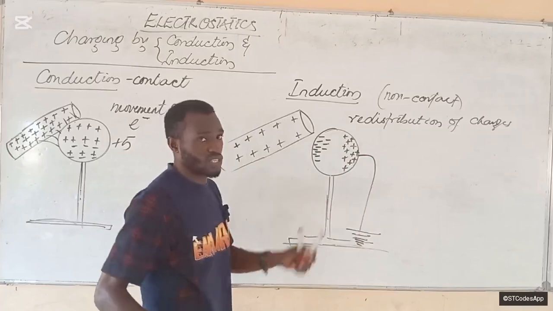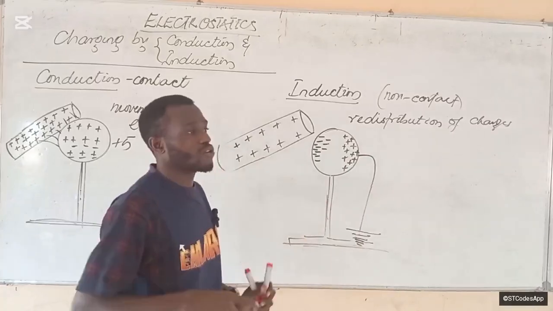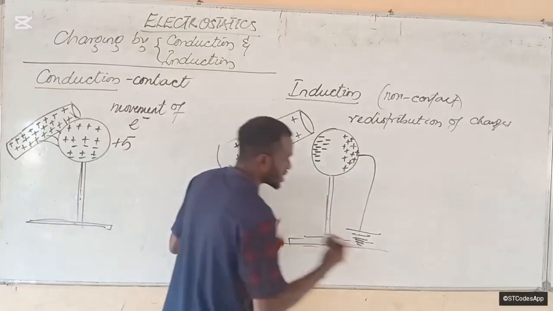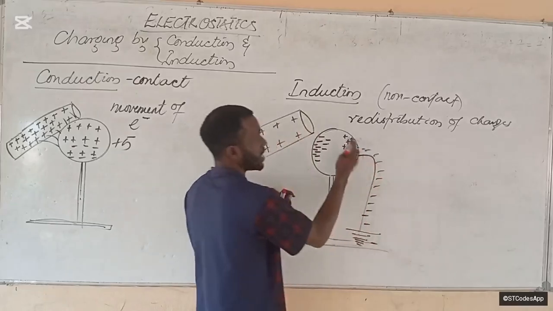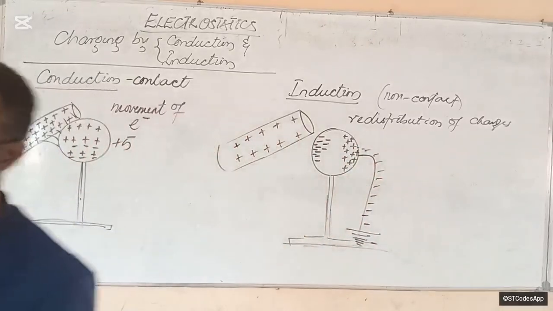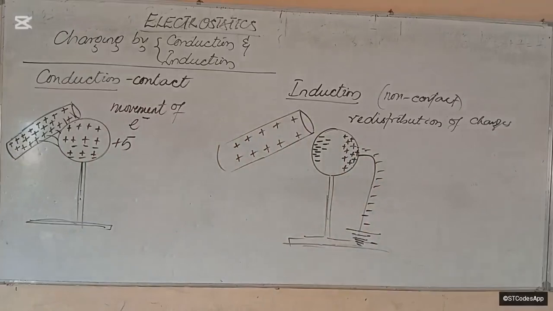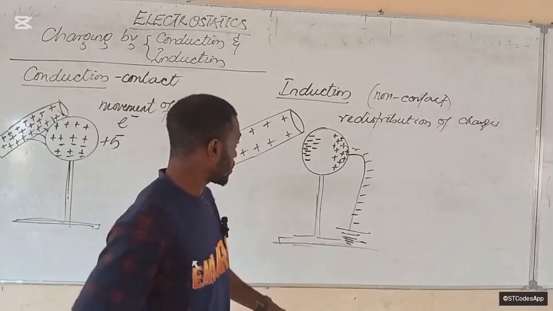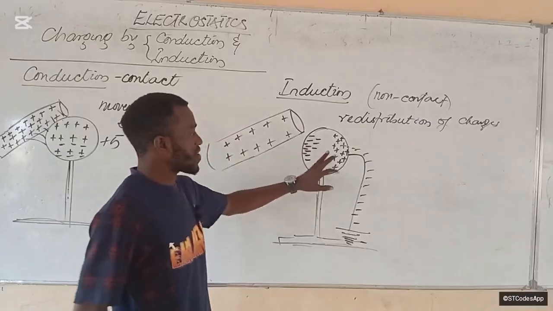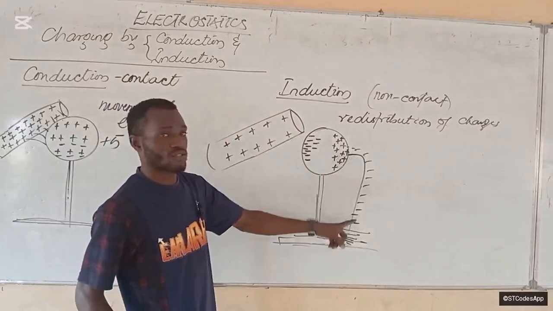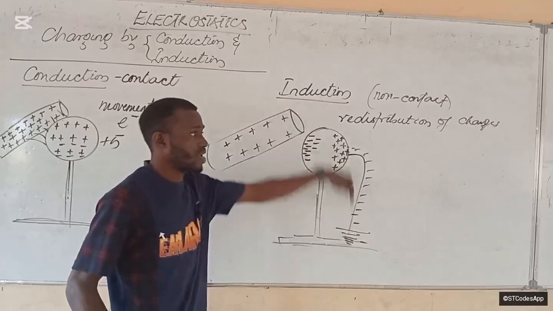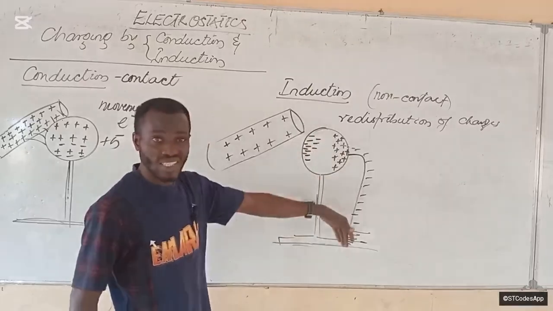Which charges? The positive charges. But positive charges do not move, right? So what actually happens is that negative charges from the earth will move up. The sphere being charged is connected with a wire strip or conductor to the earth, or it is grounded or earthed.